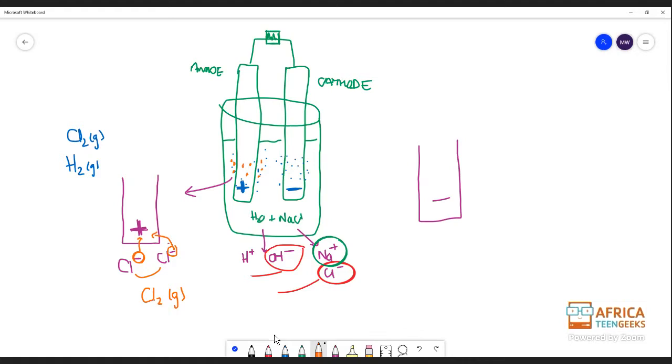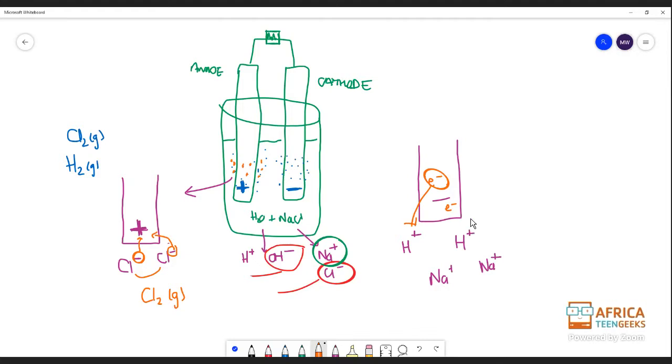Then on the other side, let's take a different color, okay? What's going to happen is you now have electrons coming in here. Those electrons coming from the chlorine are coming in here. I have my sodium and my hydrogen protons standing here. Your protons are much more reactive than your sodium, so they grab this electron.